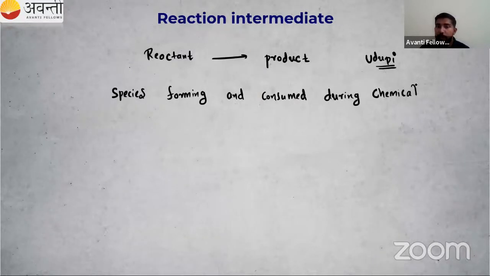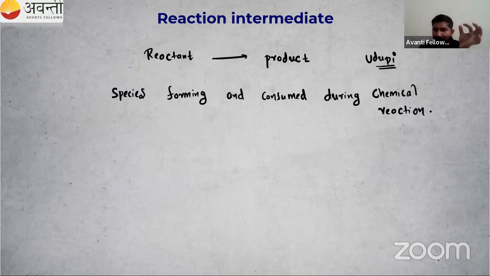It is formed during the chemical reaction, and it is also consumed during the chemical reaction. Suppose someone says that they want this intermediate; then if you want, you can isolate that intermediate and study it. So from reactant to product, there are some species in between, known as reaction intermediates. Species formed and consumed during a chemical reaction are known as reaction intermediates.